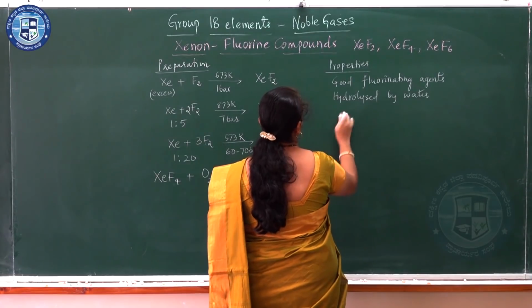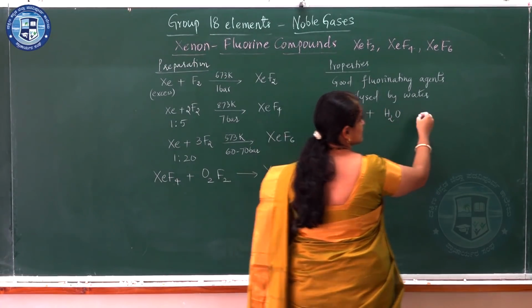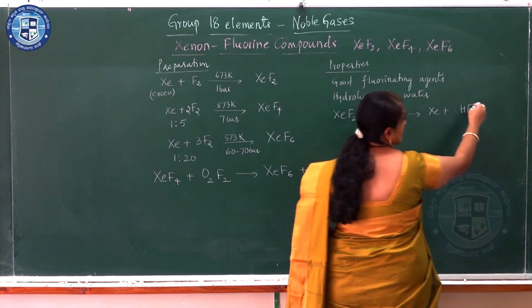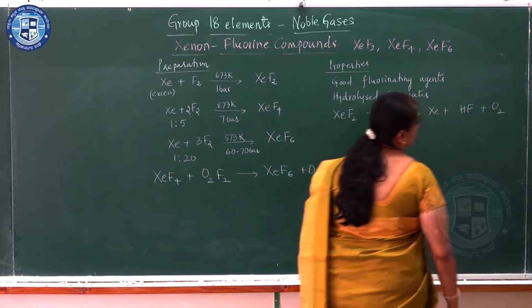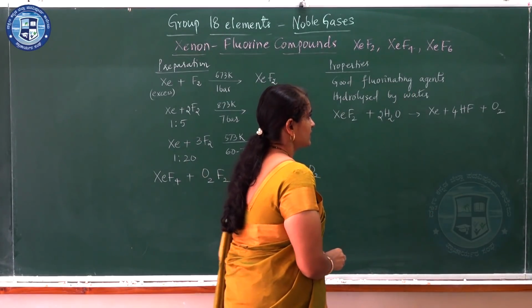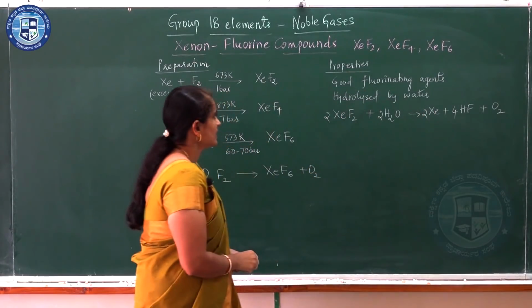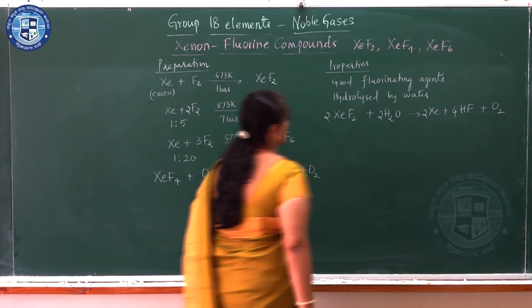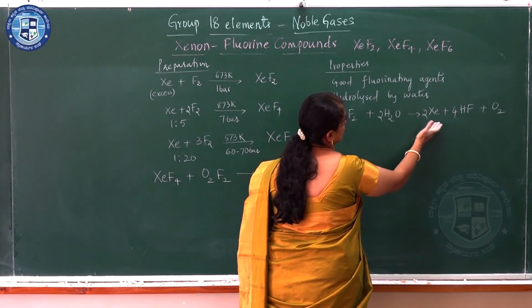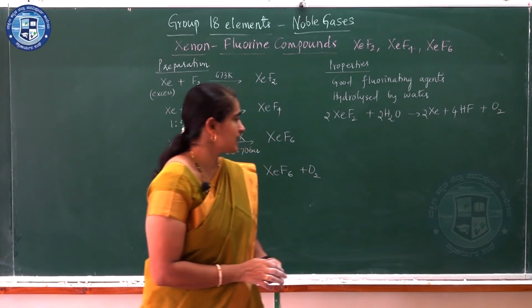One example given here is XeF2 reacting with water, which ends with Xe, HF and O2. If you balance this, I want 2H2O and we end up with 4HF, 2Xe from 2XeF2. I hope it is balanced. This is balanced. So, even with small amounts of water, this readily gets hydrolyzed and Xe comes back, along with HF, hydrogen fluoride.